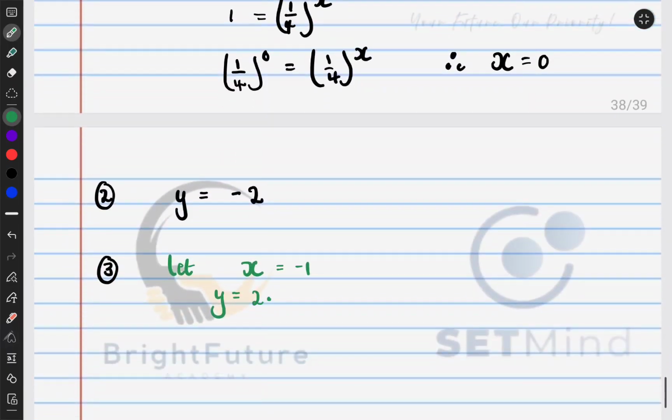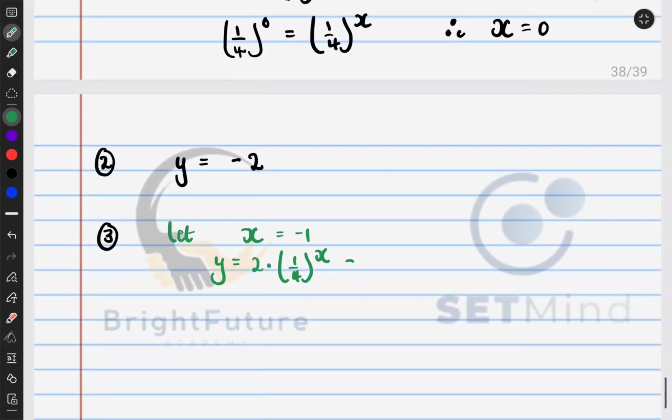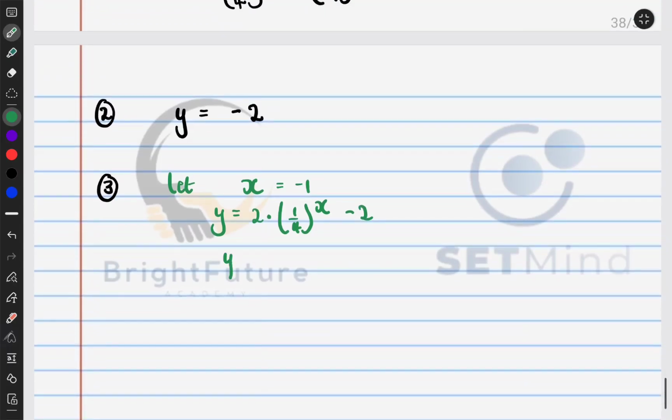It is 2 multiplied by 1/4 to the power of x, minus 2. We just need one other value, because we already have the asymptote and the intercepts. So I'll only calculate one other value, and then we'll get to sketching our graph.